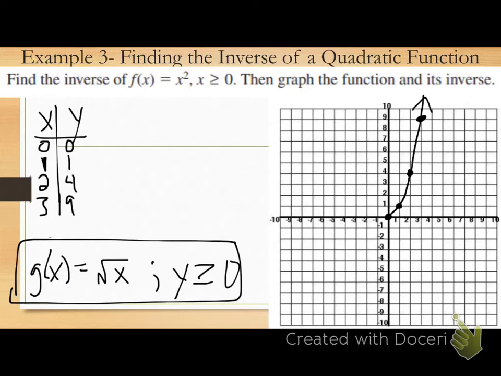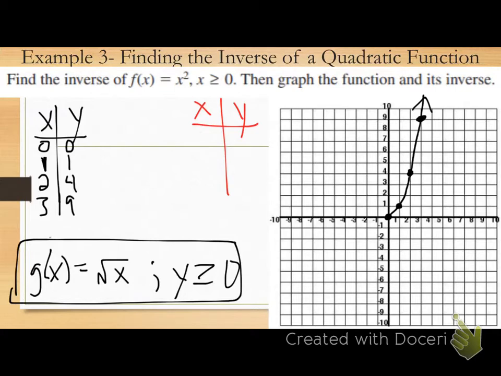I also need to graph my inverse. So my inverse is g of x equals the square root of x, where y is greater than or equal to 0. So let's think about values we want to plug in. It's a square root, so we're probably going to want to plug in perfect squares. So can I plug 0 in?